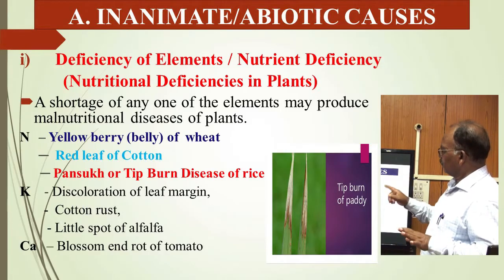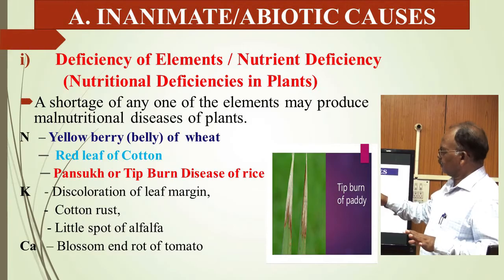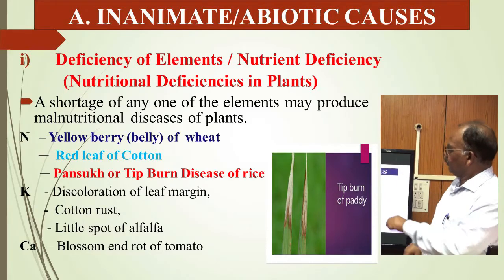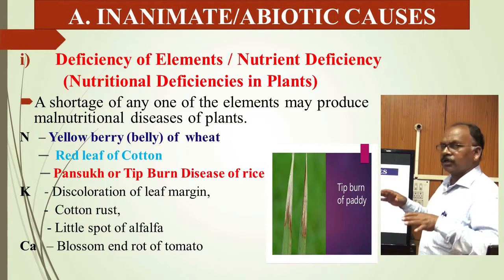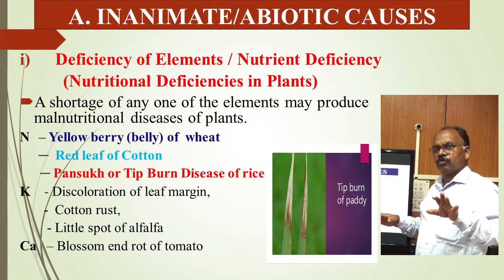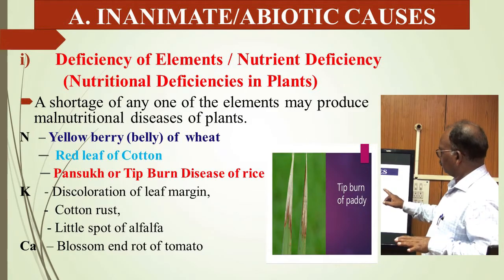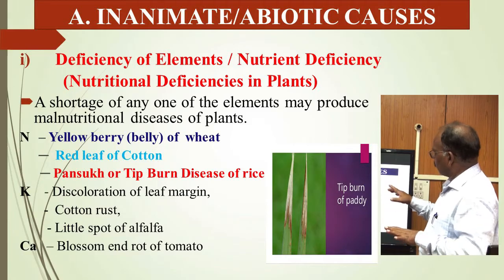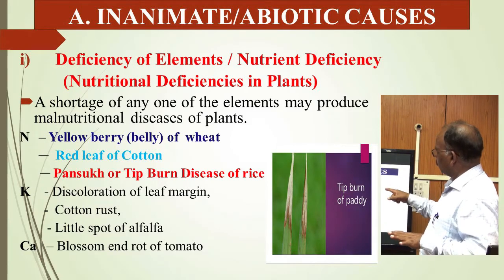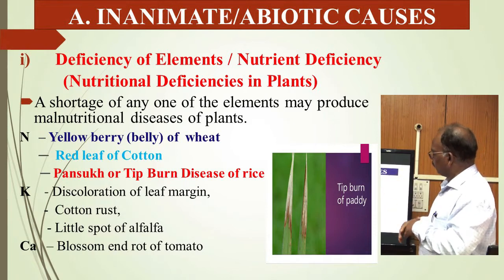These diseases are caused by the deficiency of nitrogen. Pansuk or tip-burn disease of rice is also called Dakina or Ukra disease. The symptom of the disease is necrosis, drying of the leaves from the tips.